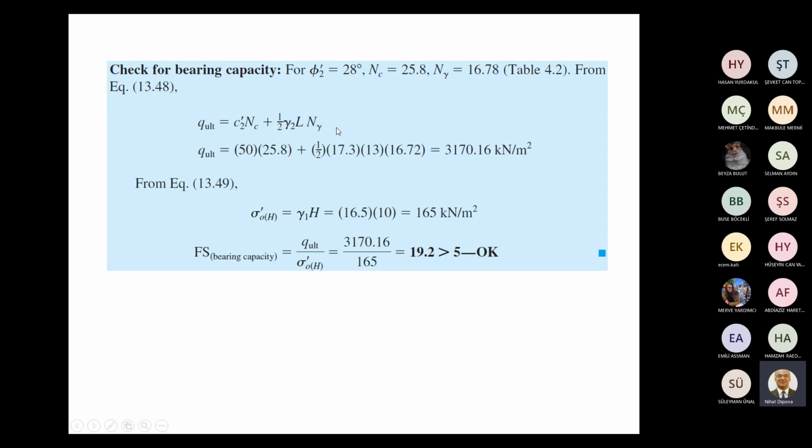So our ultimate bearing capacity should be calculated using cohesion and other factors dependent on internal friction angle.